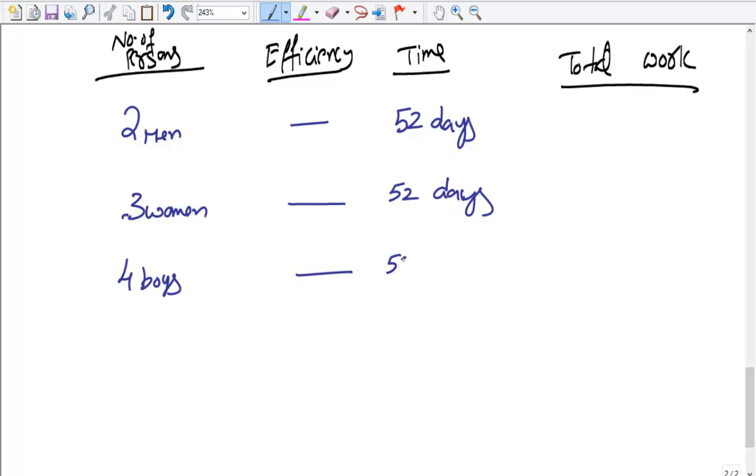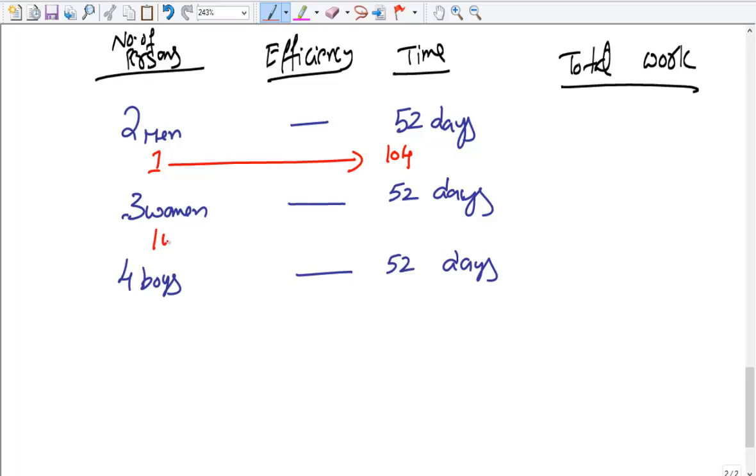Now we cannot take the LCM of the time. That is not possible. Why can't we take it? The size of the group is different. What we can do is convert the number of persons. If there is 1 man, then that is going to be 104 days.